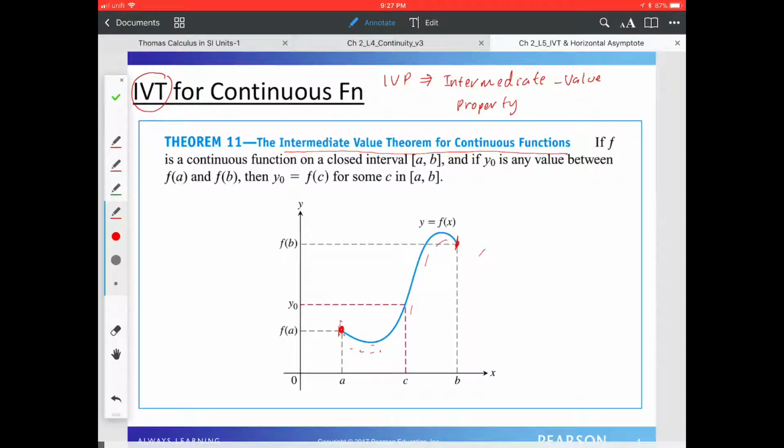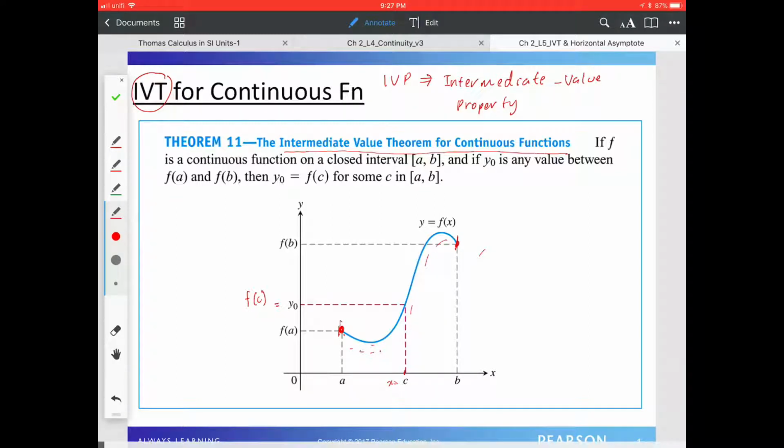So, for instance, it can also take the value at the point x equals c, and the value is y naught, equals f(c).